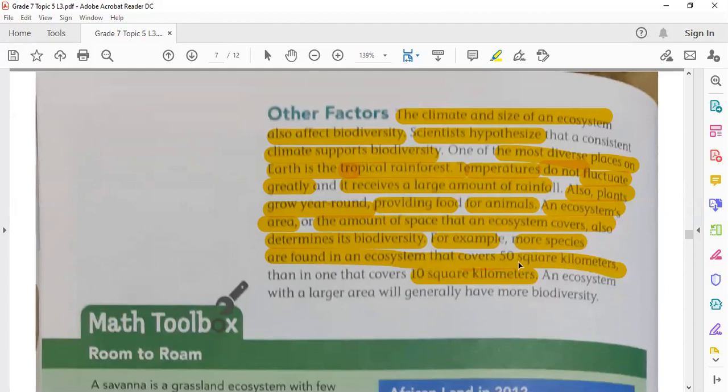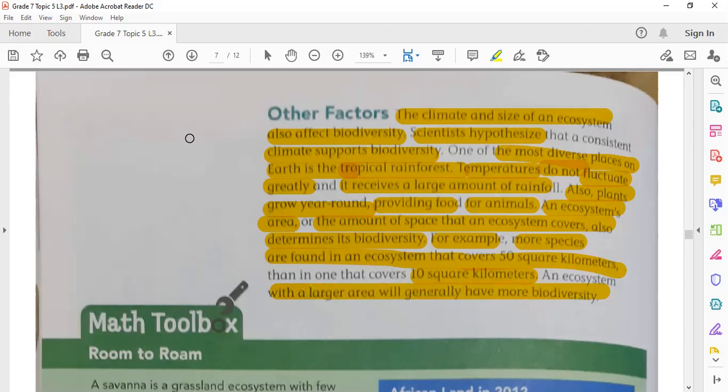Of course, the larger ecosystem will support more species of plants and animals. But if the ecosystem is smaller, you can find fewer animals and plants. Is it clear? Right. An ecosystem with a larger area will generally have more biodiversity.